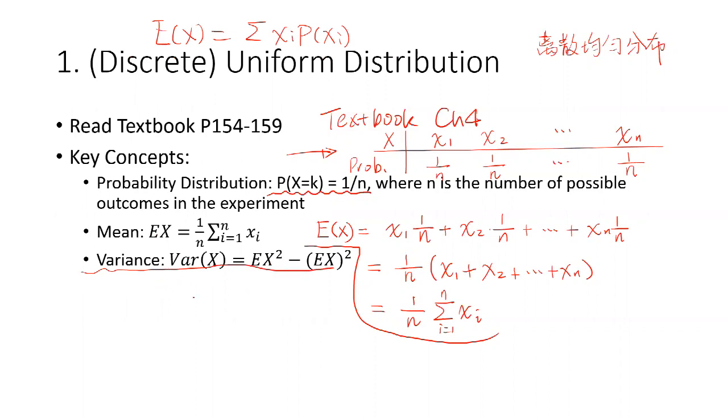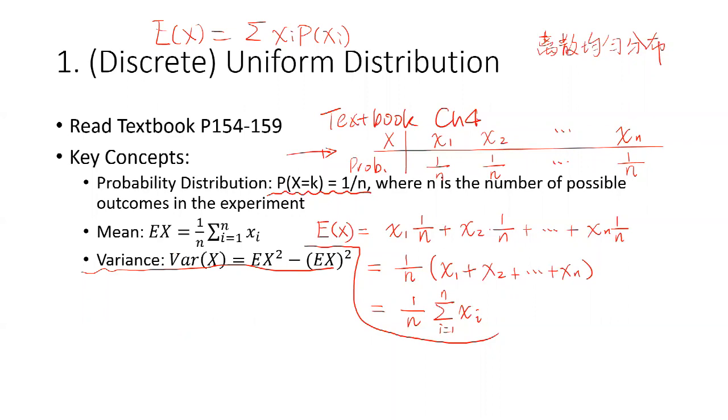Just use a formula we have learned so far. To calculate the variance of X, you will need to calculate the expectation of X squared and use this value minus the square of the expectation of X. There's no simpler way for discrete uniform distribution to calculate the variance, right?